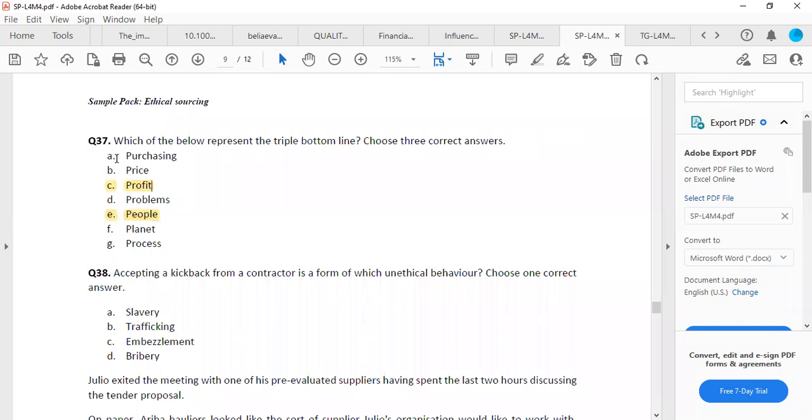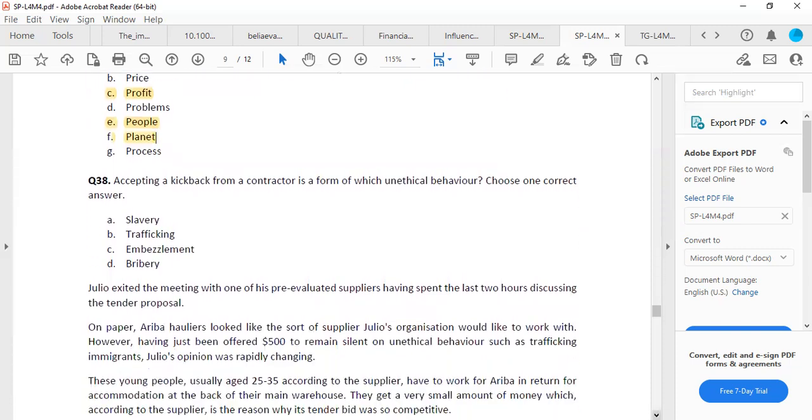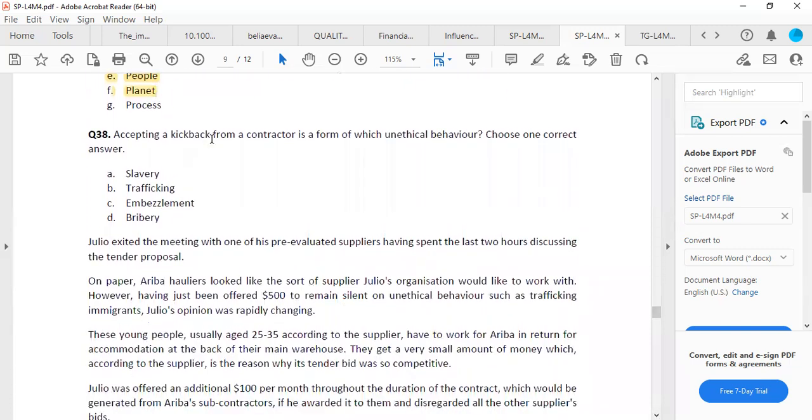People, profit, planet. So planet is environmental sustainability, people is social sustainability, and profit is economic sustainability.